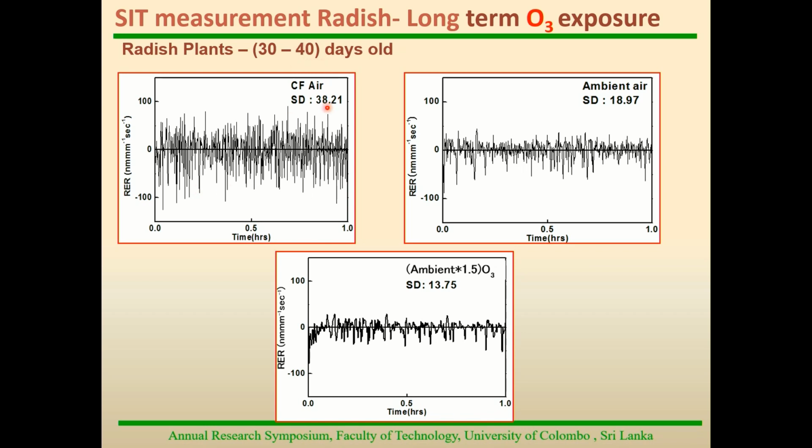You can see charcoal filtered air has a high growth rate of the plant leaf, in ambient air we can see a slight reduction, and in the ambient 1.5 ozone air there's also a significant reduction in the standard deviation, that is, in the fluctuation. This is for long-term exposure, that means 30 to 40 days of ozone in this condition. So that means there is accumulated ozone in the plant leaves.